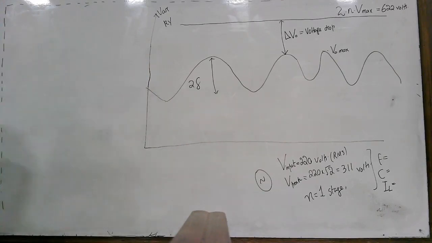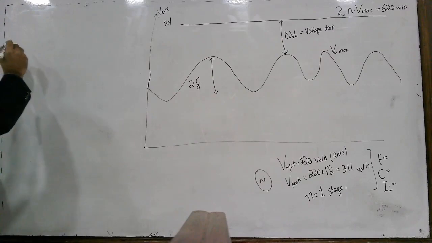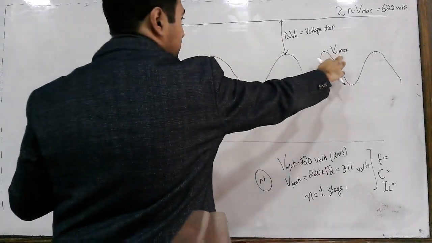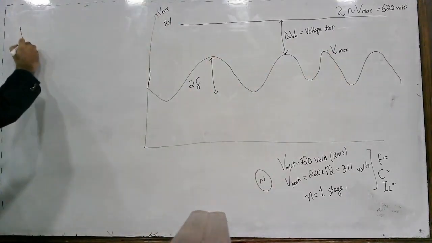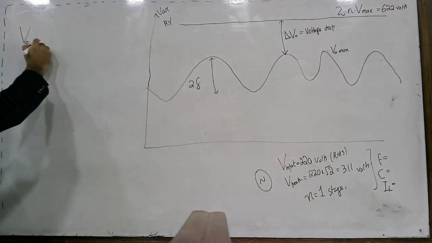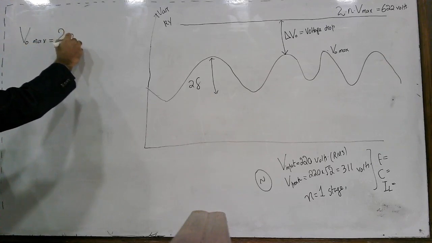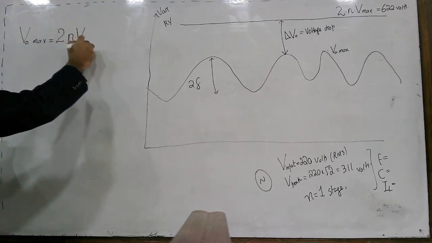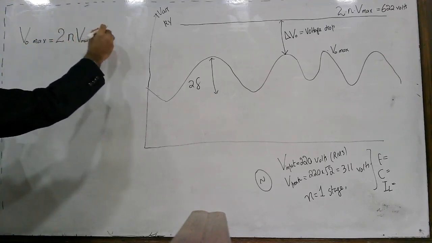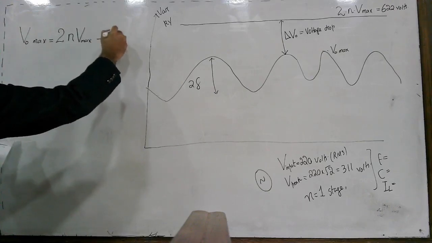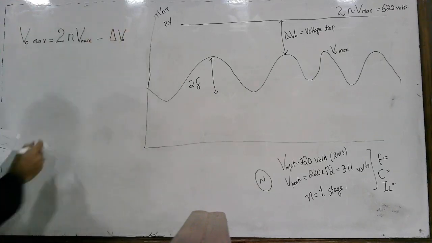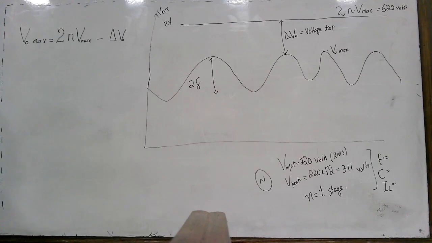Okay. So the first value, I must say, is V out maximum, which is equal to 2n V max minus delta V, which is the voltage drop. And how can we find out this voltage drop?